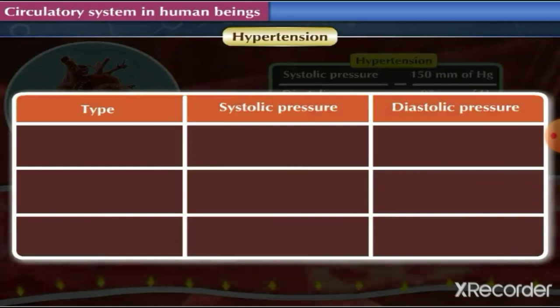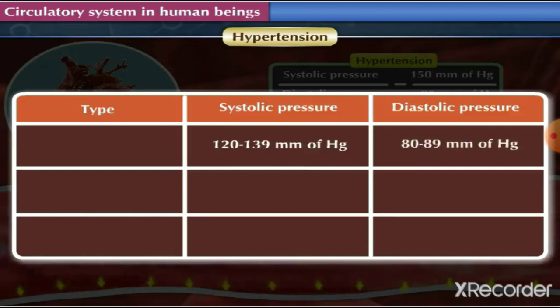When the systolic pressure is between 120 to 139 millimeter of mercury and the diastolic pressure is between 80 to 89 millimeter of mercury, then this type of hypertension is called primary hypertension.